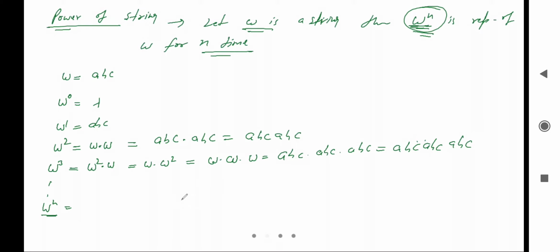Next thing: if it is abc and assume its power is 3, then abc power 3 means repeating abc 3 times: one time, then two times, then three times.